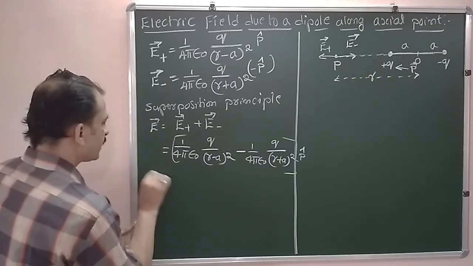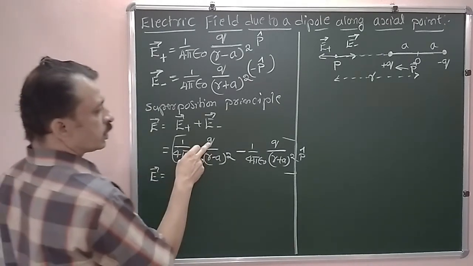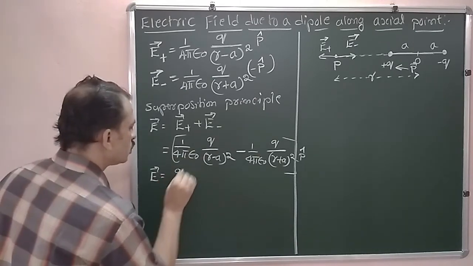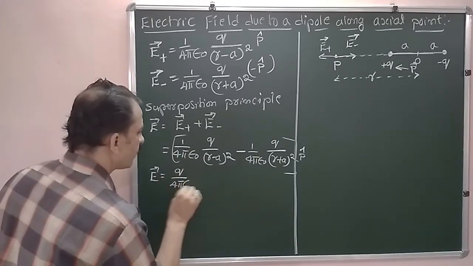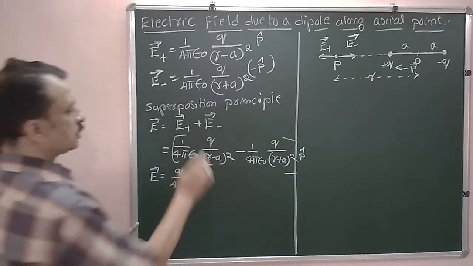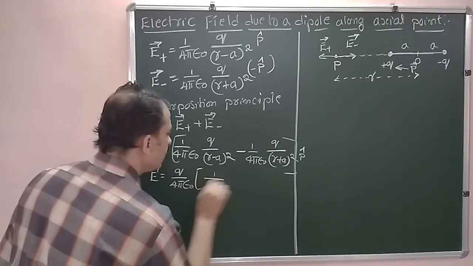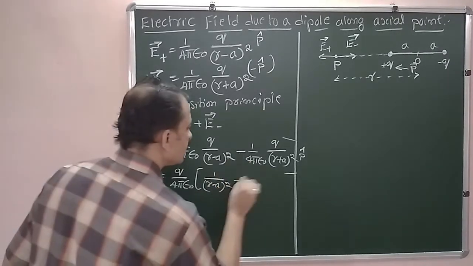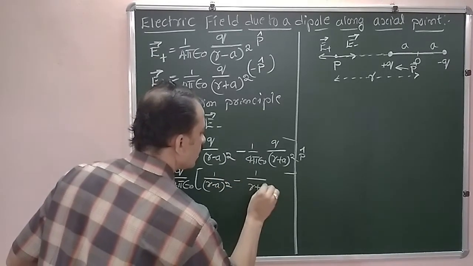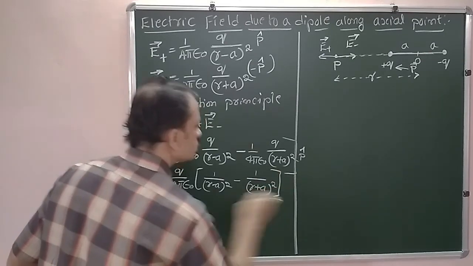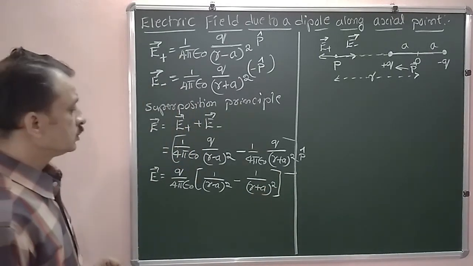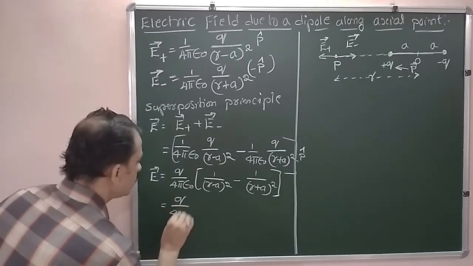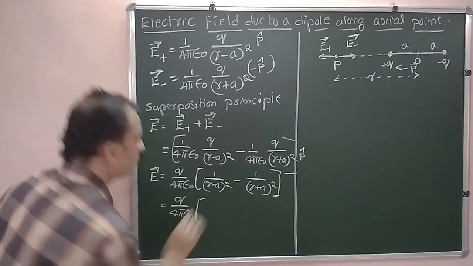The electric field E is equal to Q divided by 4 pi epsilon naught, which is common, taken out. Now here I am left with 1 divided by (r minus a) whole square minus 1 divided by (r plus a) whole square. Now further simplification: 1 divided by 4 pi epsilon naught.